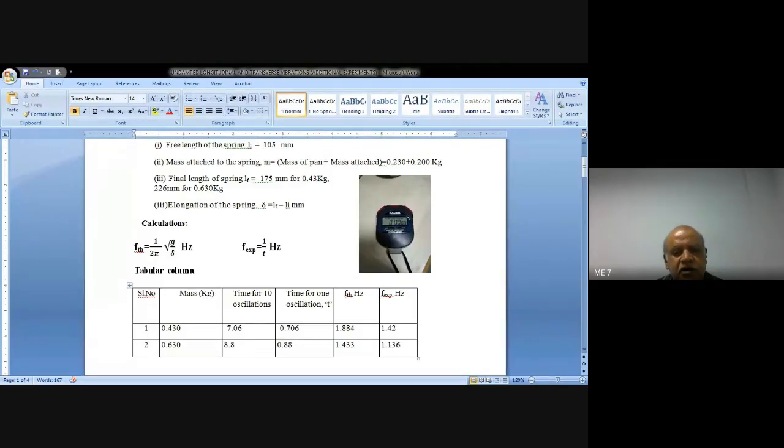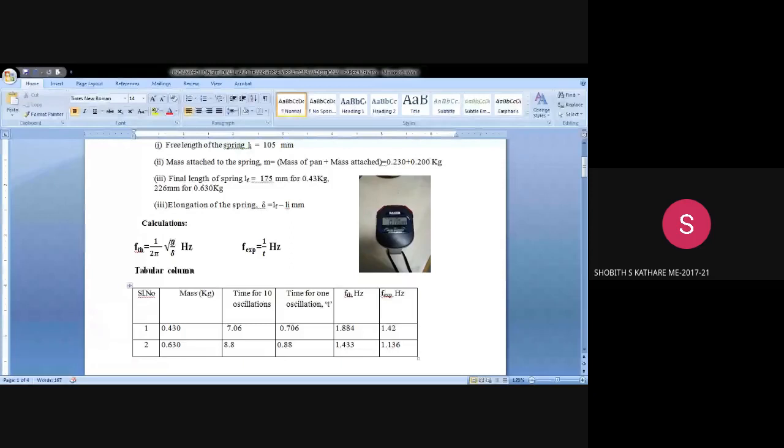If you are not interested... What is the value, Shobit? Shobit Katare, I want the answer.